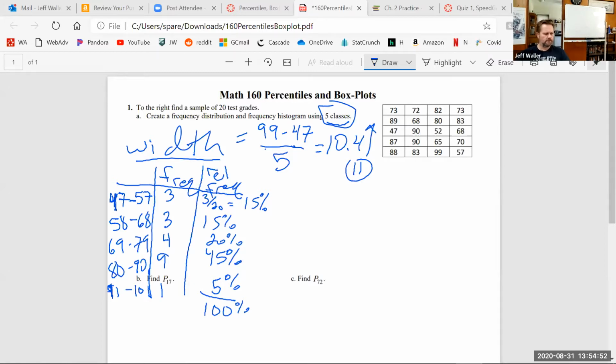One thing that some of you guys can relate to is you have got to make sure that the frequency adds up to be the total that there are. So this does add up to 20, check. Okay, I like it. So now when I go to make my histogram, everything's going to be tilted, sorry.